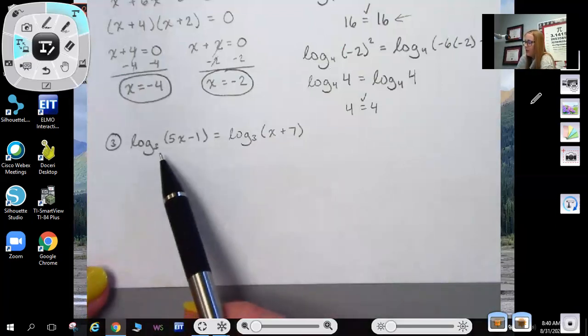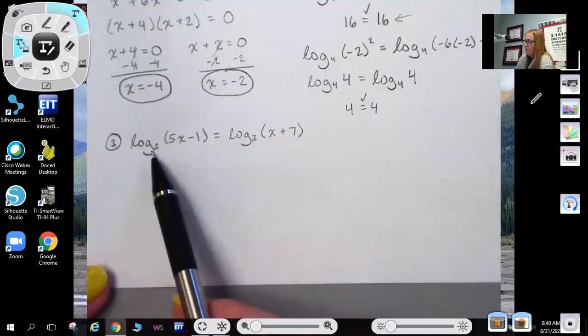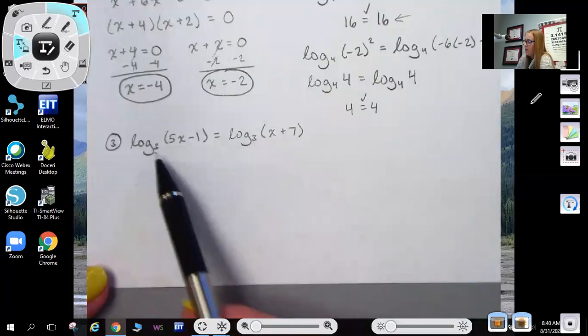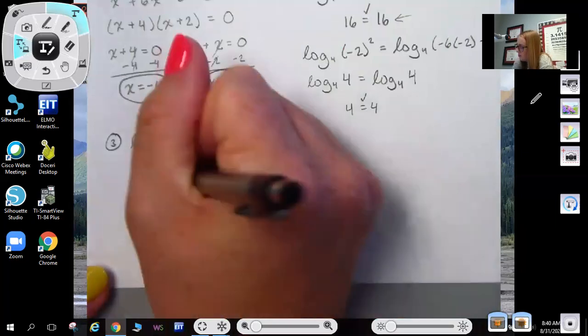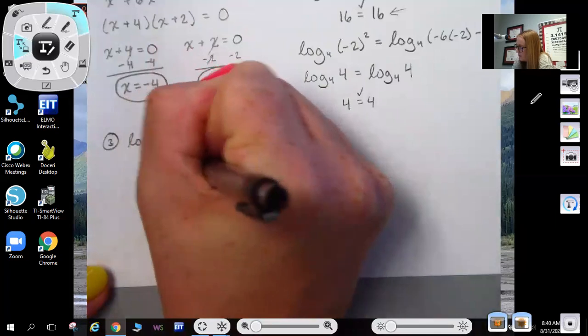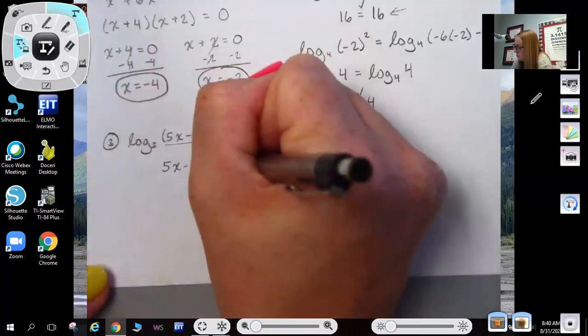So first step is checking to make sure the bases are the same. Both of these logarithms have a base of 3. So we know that 5x minus 1 has to be equal to x plus 7. 5x minus 1 equals x plus 7.